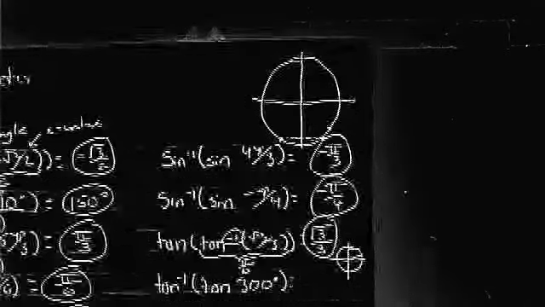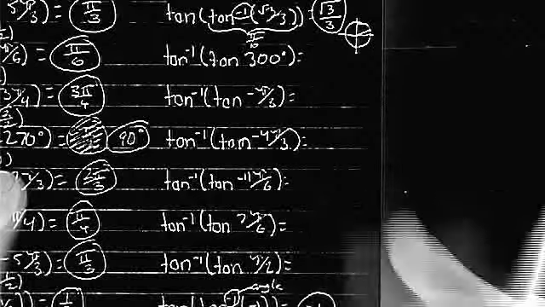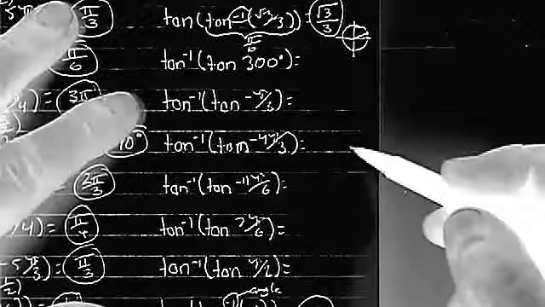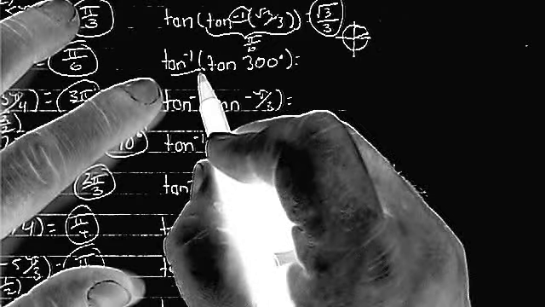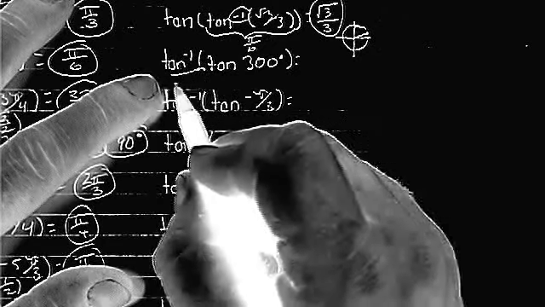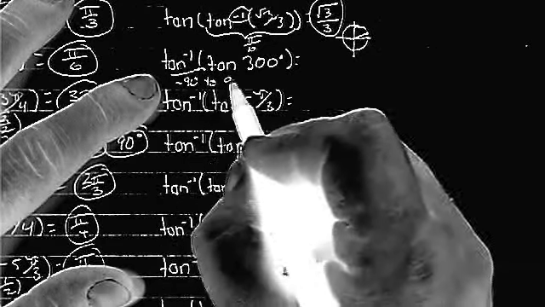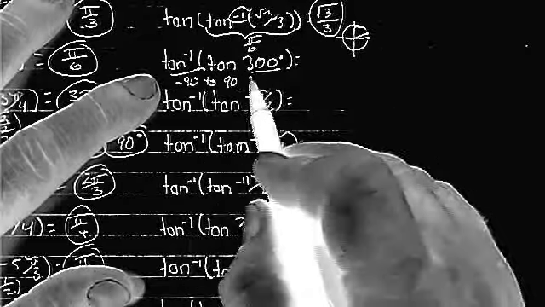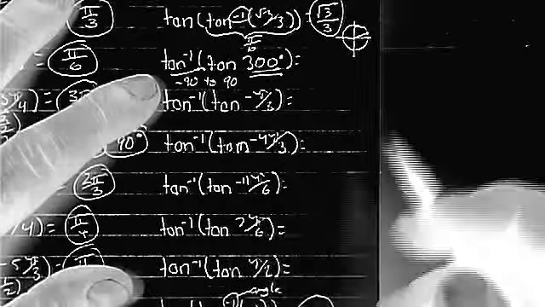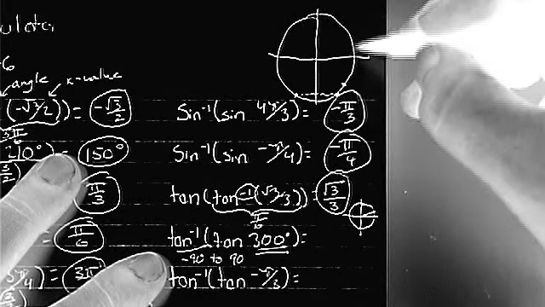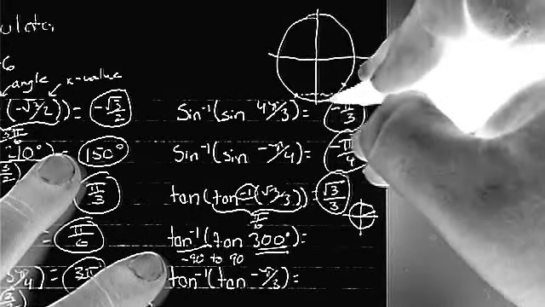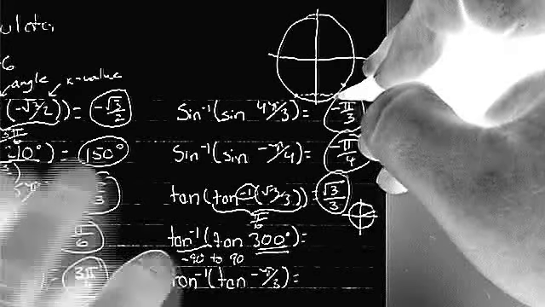In terms of tangents, remember the tangent function, so I need something with an angle measurement between negative pi over 2 to pi over 2, or in this case negative 90 to 90, not including the endpoints, that has the same y value as 300. If you look at the unit circle and think in terms of 300 degrees, 90, 180, 270, we're talking down here for 300.